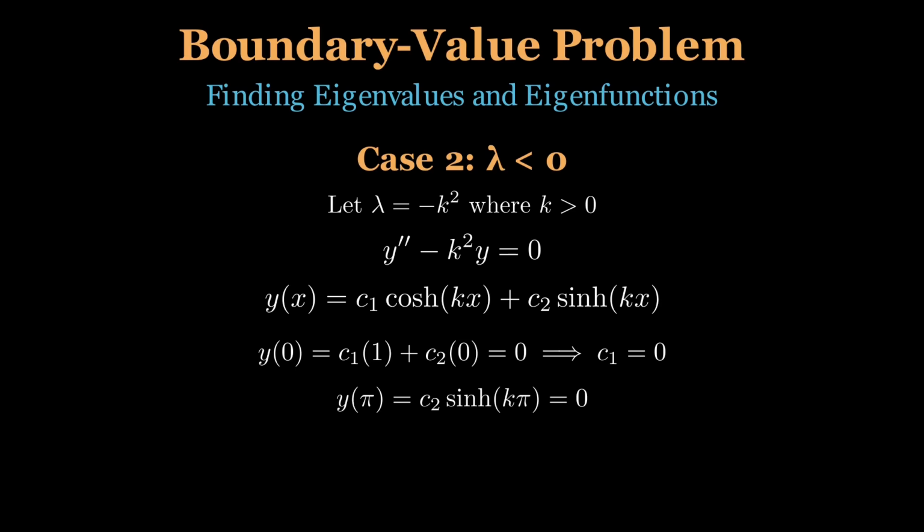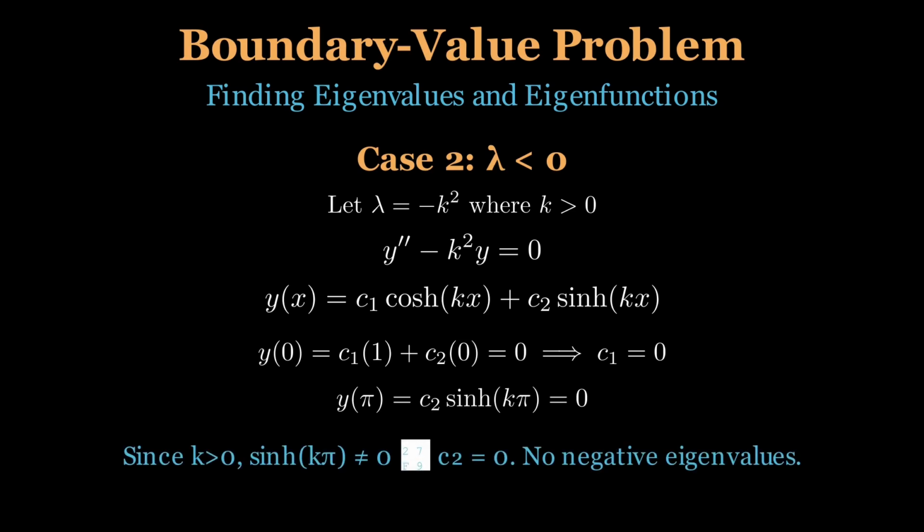Since k is strictly positive, the hyperbolic sine is never 0. Thus, c2 must be 0. Again, we get a trivial solution, meaning no negative eigenvalues exist.